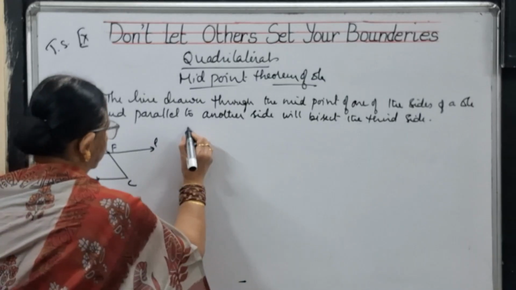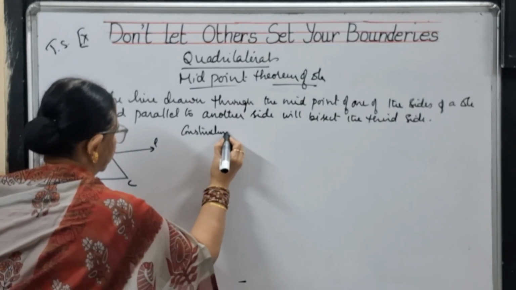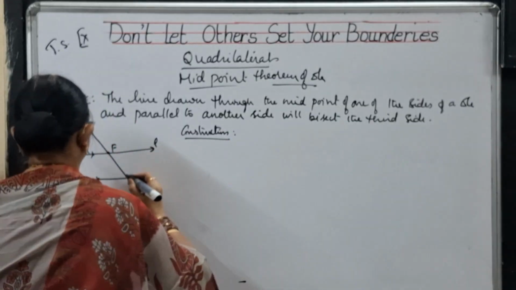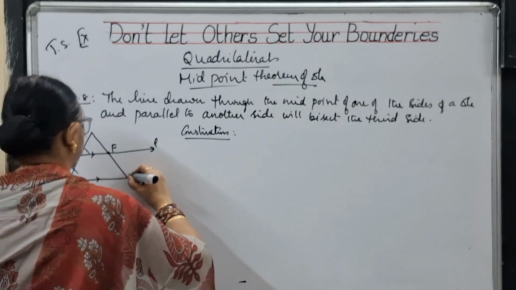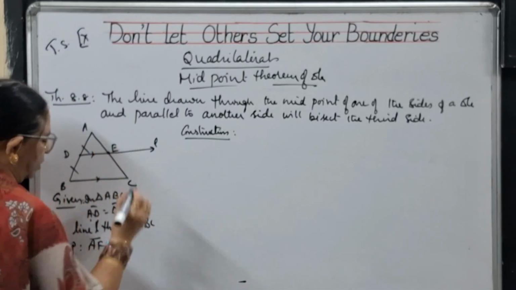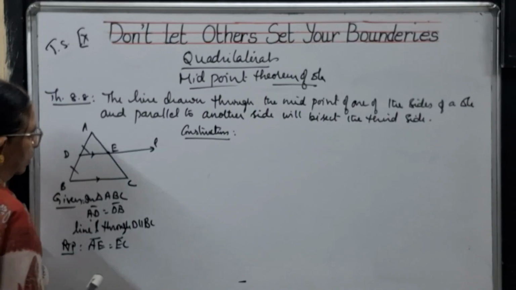Here we have got a construction. Construction: draw, let me name this as AE, AE is equal to EF. Okay.